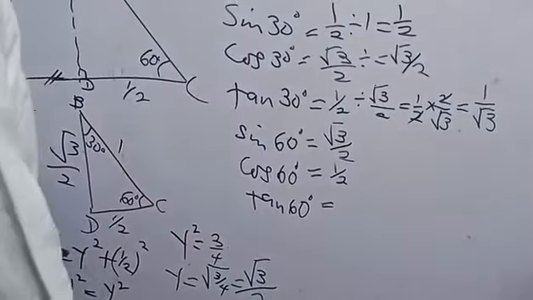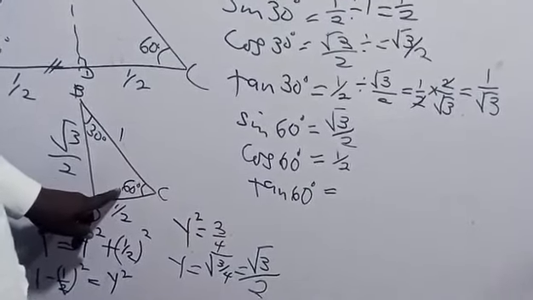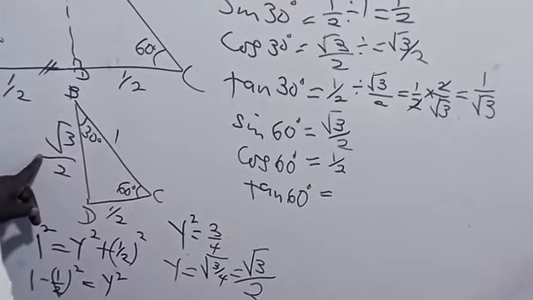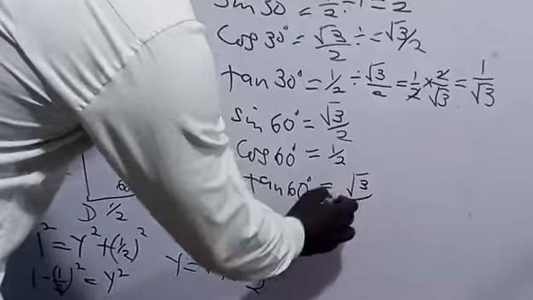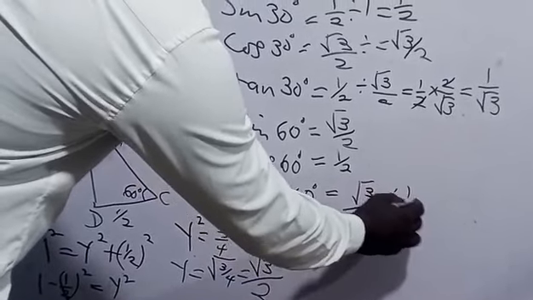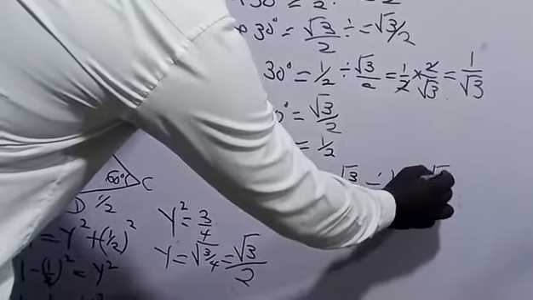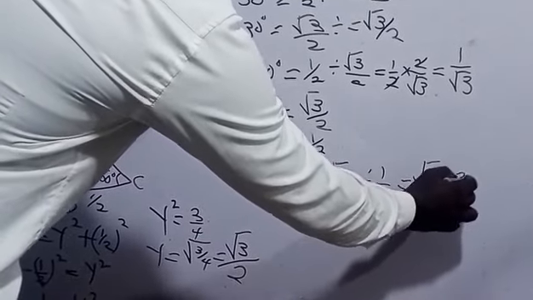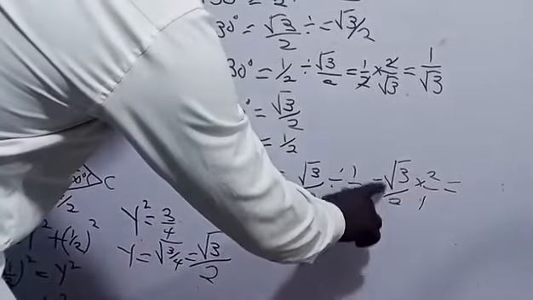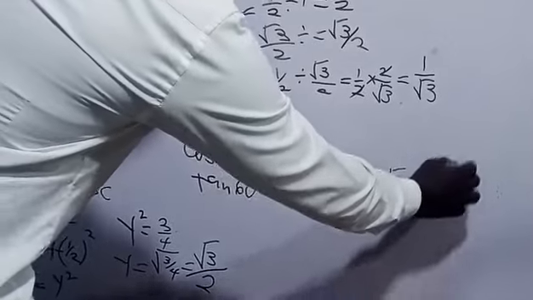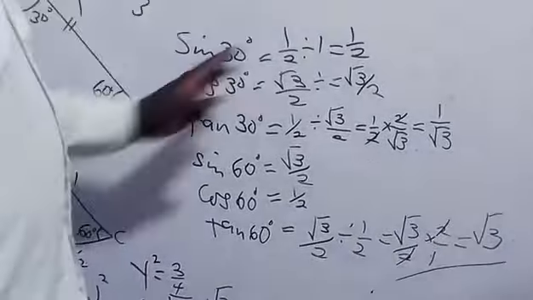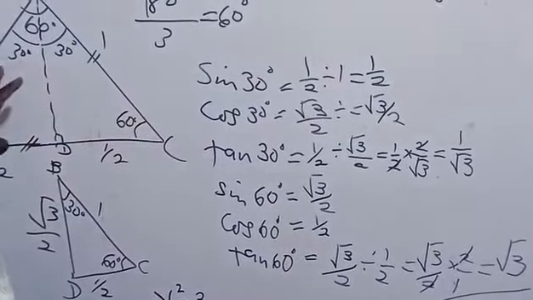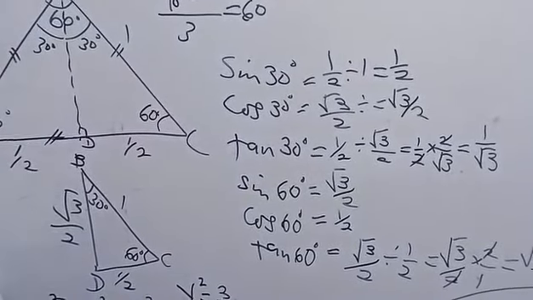Then tan 60 is opposite over adjacent, which is root 3 over 2 divided by 1 over 2, which is the same thing as root 3 over 2 times 2 over 1. The 2s cancel, and it will now be root 3. Here are the common angles determined using an equilateral triangle. Thank you.